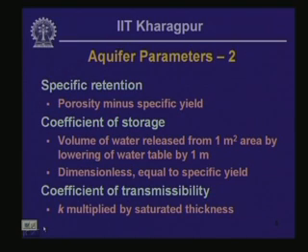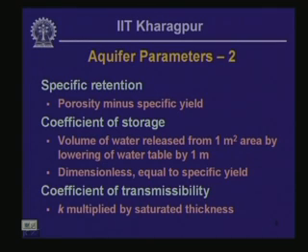Now let us move on with some more concepts. The complementary function of specific yield is specific retention. The portion of groundwater on the top right of the plot that I have shown just now is the representation of specific retention.